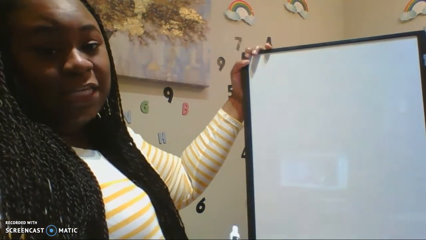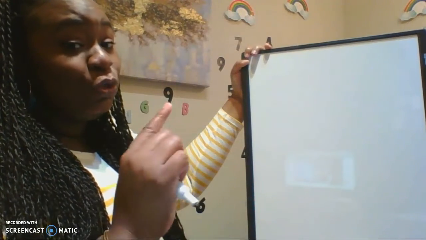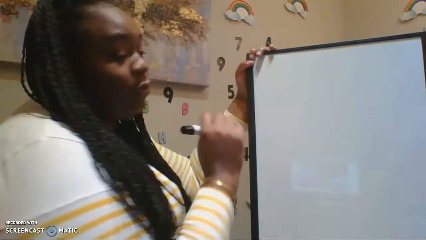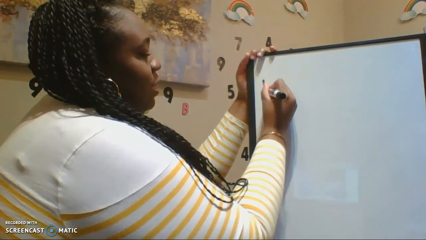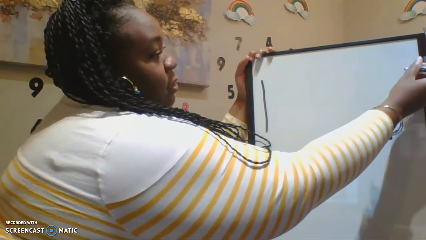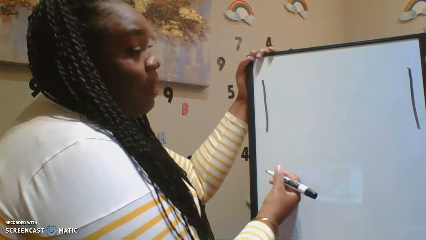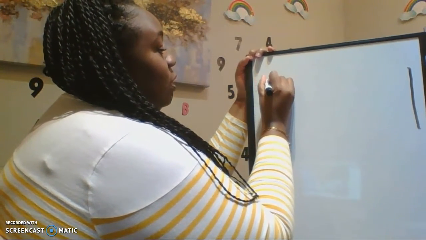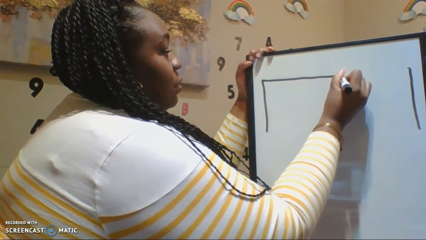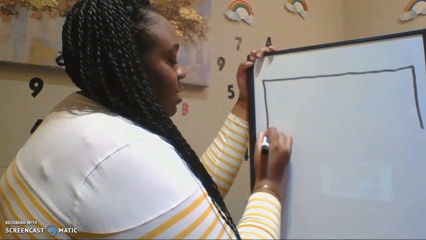So we know that rectangles have two long sides and two short sides, okay? So I'm going to start with my short sides first. So here you go. So I'm going to make short line, short line. And then I'm going to make two long lines. Drawing two long lines. So one, I'm going to connect it to that side, and two.